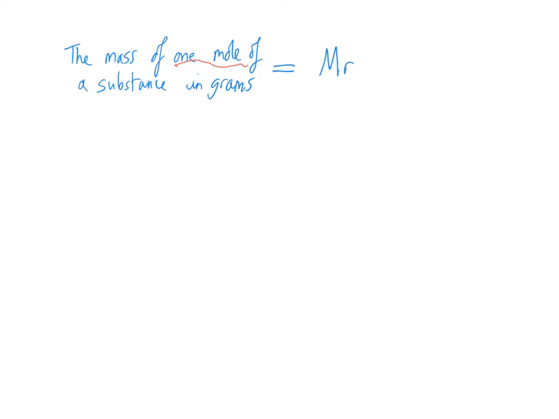And so what that means is if we've got carbon, which has got the numbers 12 and 6 that we know from earlier, if we have 1 mole of carbon, we know that its relative atomic mass is 12, and we know that 1 mole is the relative atomic mass or relative formula mass in grams, so it will be 12 grams, because what this means on here is effectively 12 grams per mole.